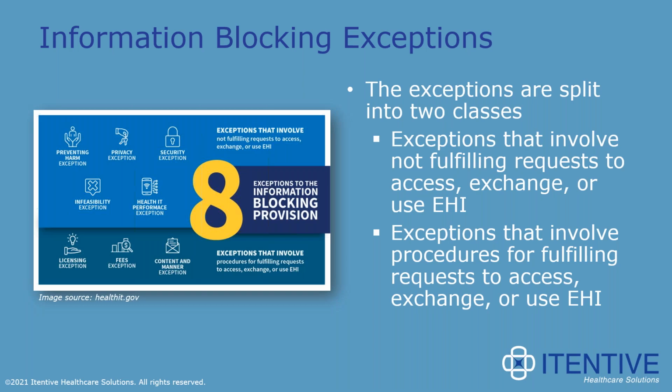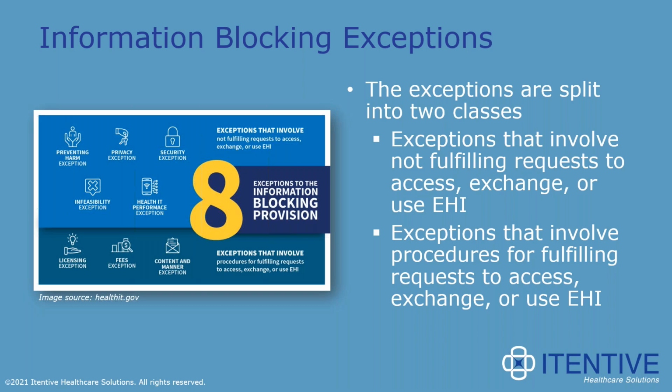There's the privacy exception. So this is put in place in order to protect an individual's privacy, provided, again, certain conditions are met. There's the security exception. Again, same thing, where the goal here is if you were to release this information, it would possibly endanger the security of the EHI. There's the infeasibility exception. This would be due to the infeasibility of the request coming from the patient.